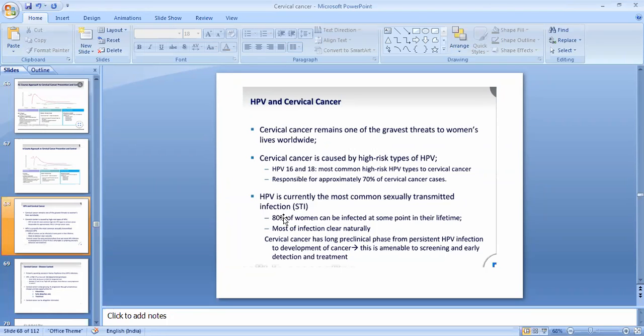They do not survive, this HPV 16, 18, in most of the individuals, but in some cases they persist, and we do not know in which girl or woman they will persist, and therefore the vaccination program is very good. If somebody is vaccinated, then she is more on the side of not getting the infection.